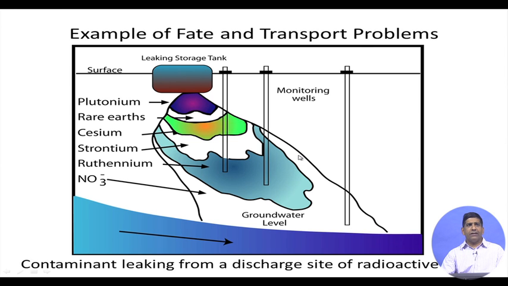Now the other example, let's say you have a leaking storage tank. That's very common, say a leaking storage tank of radioactive waste. There are different contaminants that can potentially leach out. Now you see these different colored graphs. These are called plumes. As you saw in the previous slide as well, there was a plume. Similarly, here we have plumes for different types of chemicals coming out from this leaking radioactive waste storage tank: plutonium, rare earths, cesium, strontium, ruthenium, and also nitrate.